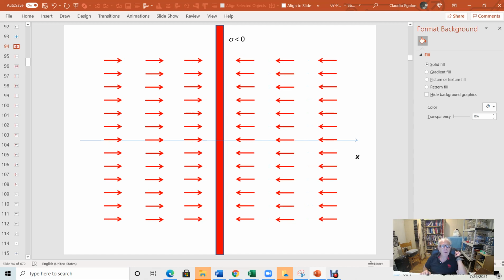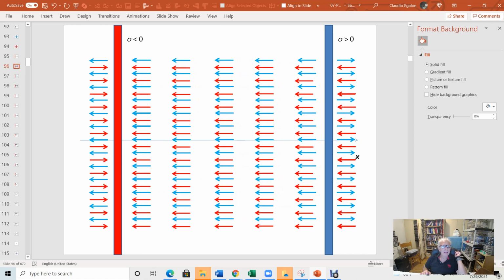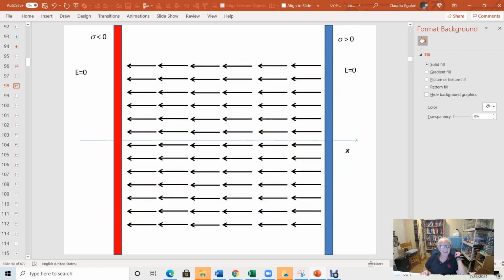However, if you put one negative plate next to a positive plate, the fields inside are going to sum up to each other, and the fields outside are going to cancel out. Okay? Here you go. Like that. So that's what we have. The book didn't do the plate, but now you know how it's done for the infinitely large planar surface that's charged.